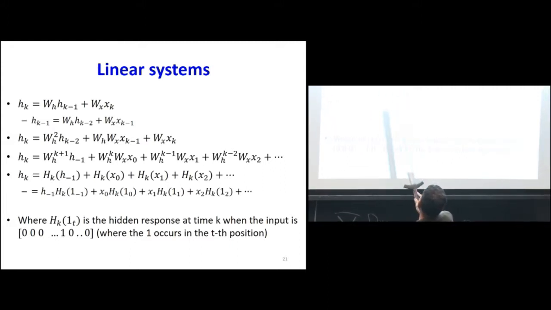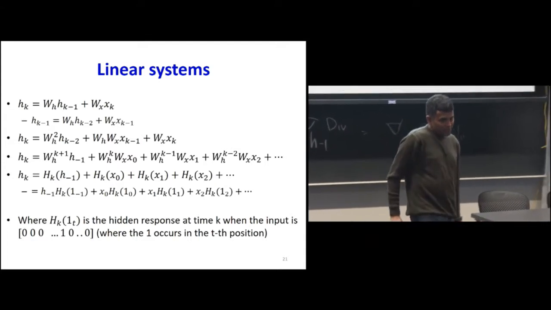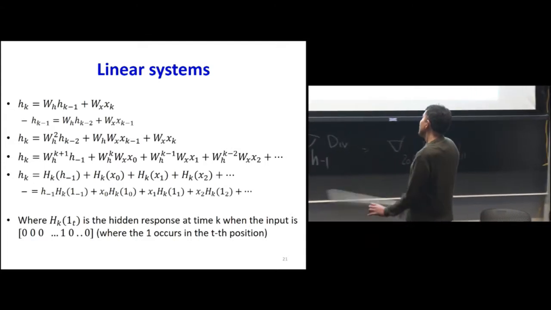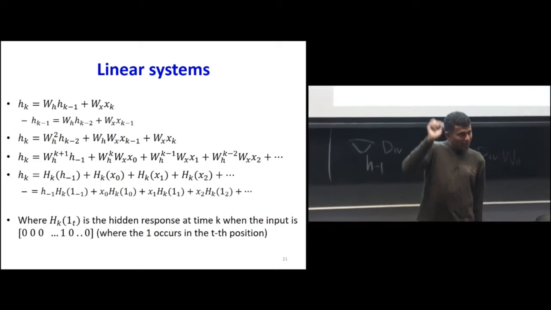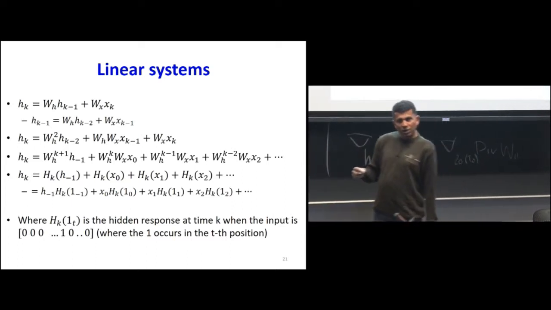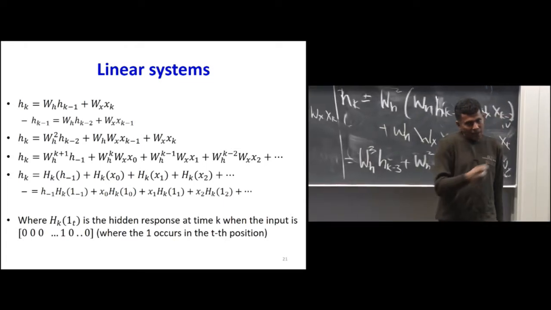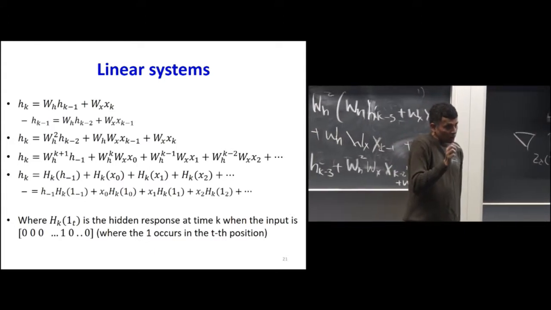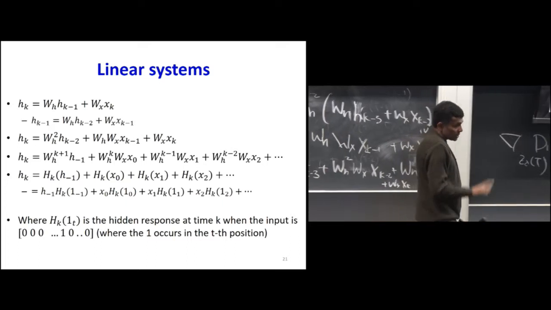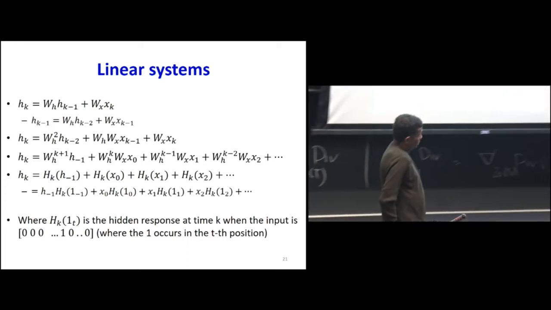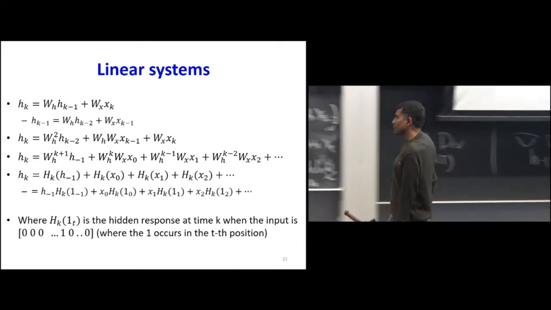It's WH raised to k times WX times the first value of x, plus WH raised to k minus 1 times WX times the second value of x, plus WH raised to k minus 2 and so on. What is the key component over here? What would be likely to be causing the blow up? Two things. First, if I know the response, let's assume that I can define this response.